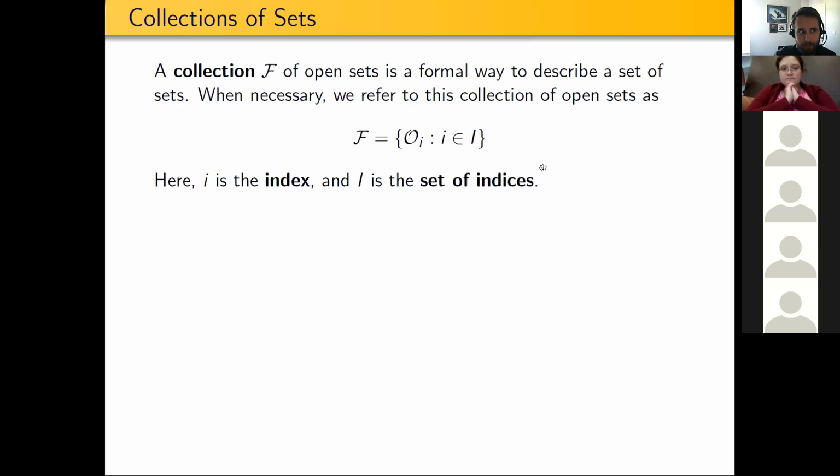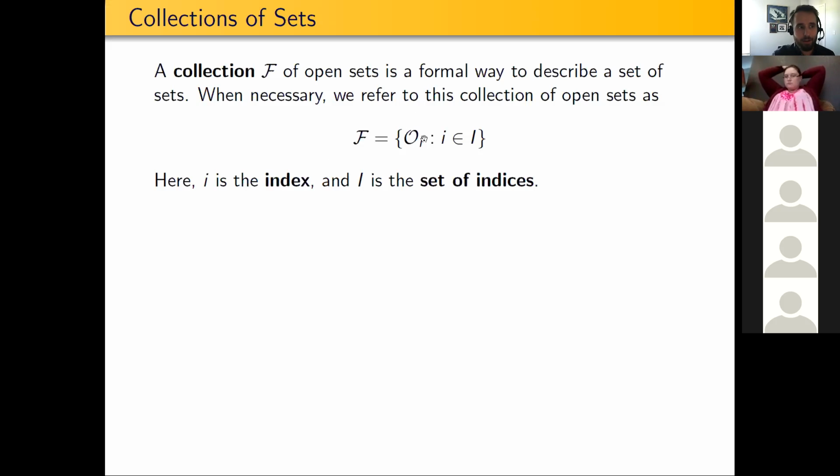So we began by remembering what it meant to talk about a collection of open sets, right? And the idea here was that we had a set of sets. In this notation, the O sub i's were our individual open sets, and every lowercase i dealt with a new open set O sub i.